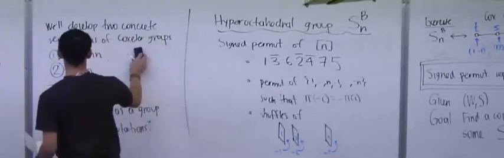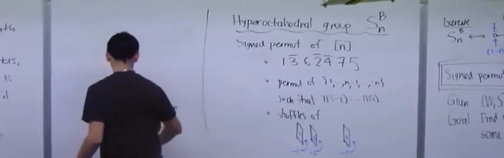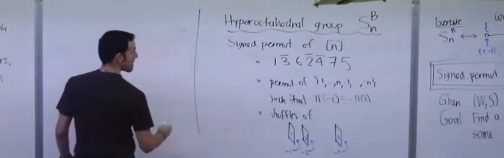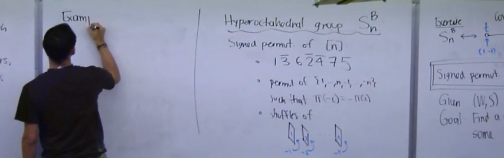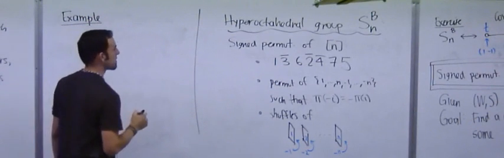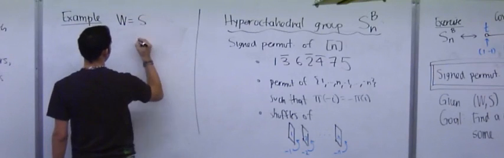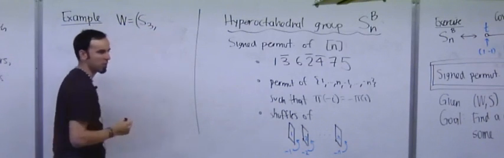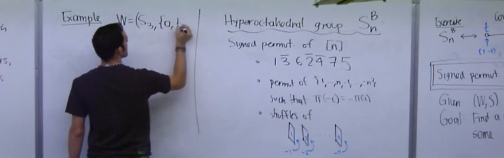Let's go here. So my example is going to be W, well, the one that we understand very well. S3 with generators A and B.